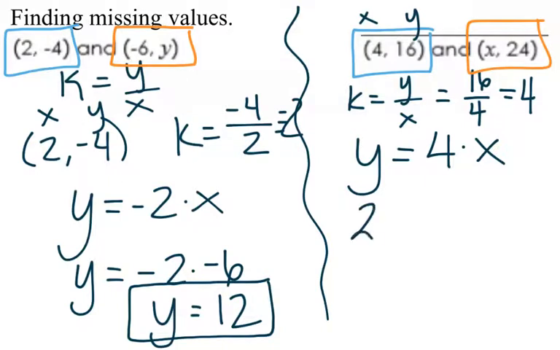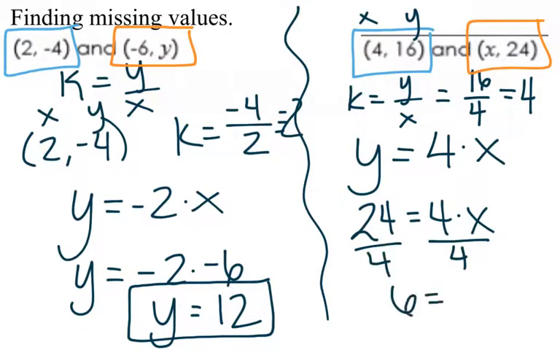So I'm going to replace y with 24, and I'm trying to get x by itself. The way I get rid of multiplying by 4 is to divide both sides by 4. So x equals 6. Once again, we found the constant k, we wrote the direct variation equation, and then we figured out what we were trying to solve for.